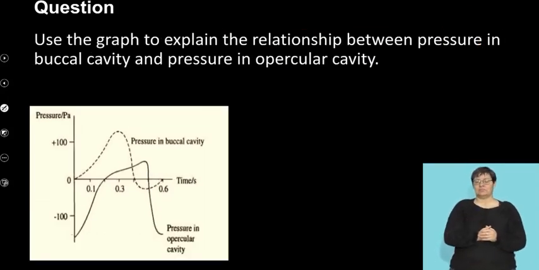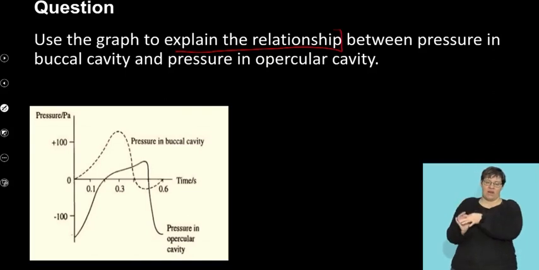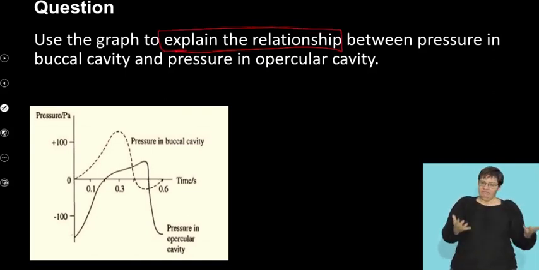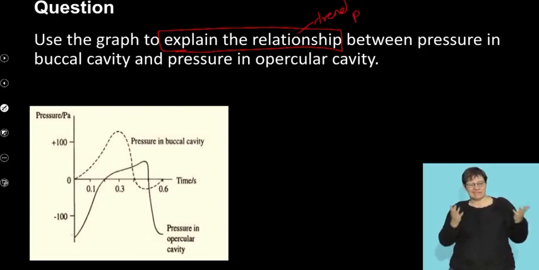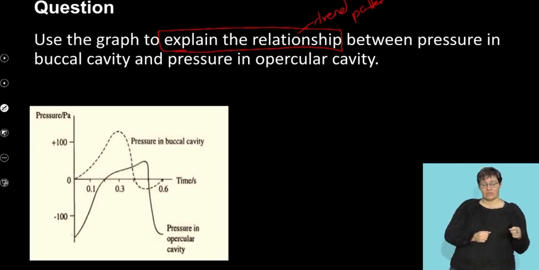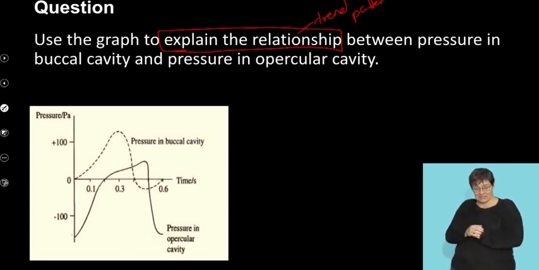But we're going to have a look now. Okay, now we need to explain. It says, use the graph to explain the relationship. It doesn't ask you to explain what is happening. It's asking to see, do you see a relationship, or a trend, or another pattern? That's how I often say that you can use it, between the pressure in the buccal cavity and the pressure in the opercular cavity.